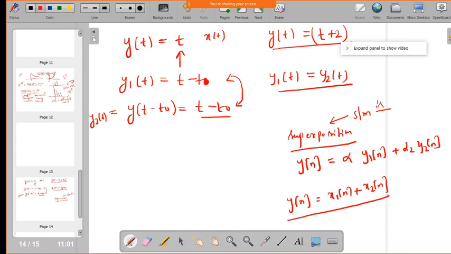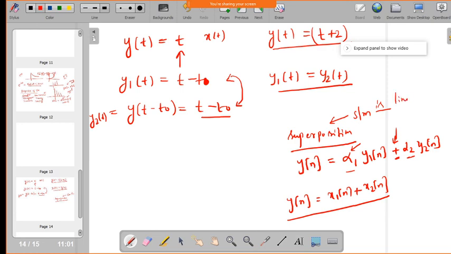If this satisfies the condition, that is the superposition property. It is scaled by the value alpha, which is called the homogeneity property, and the addition property is called the additivity property. If both scaling and additivity are satisfied, then the system possesses superposition and is linear.